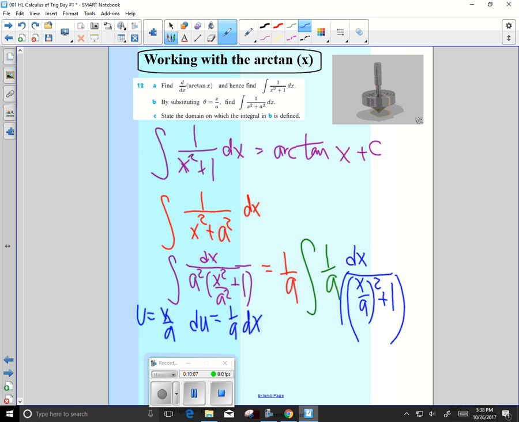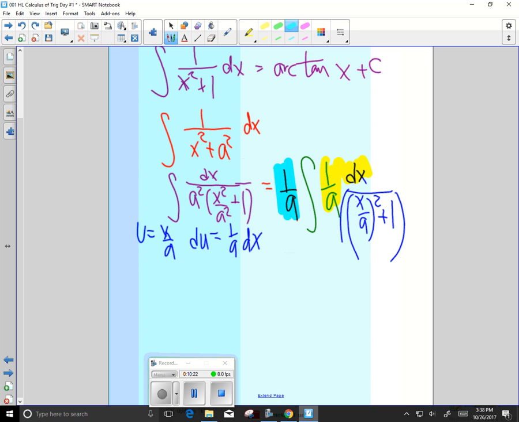Well, we have that, don't we? We have the 1 over a dx. It's right here. And we even have an extra 1 over a. Hold on to that extra 1 over a. So working this out, it's going to be 1 over a.